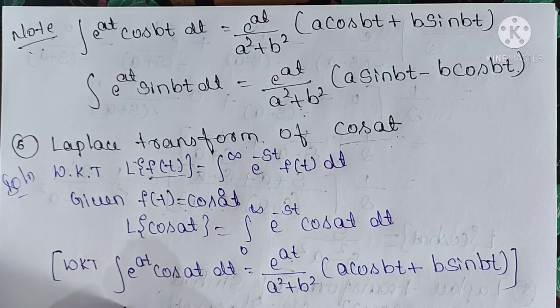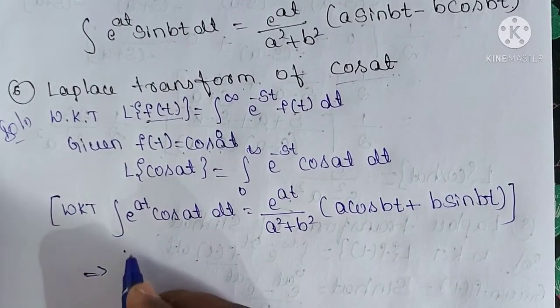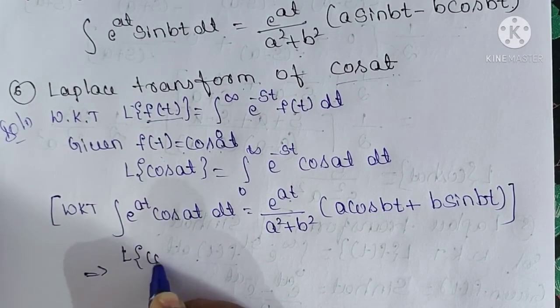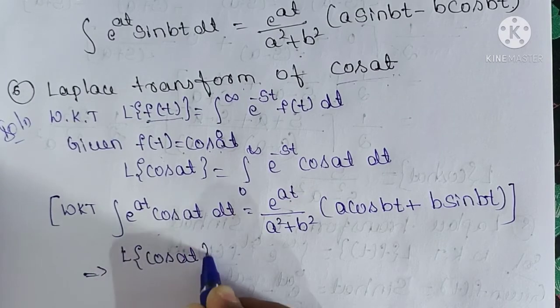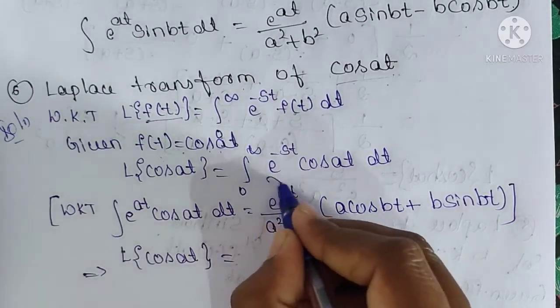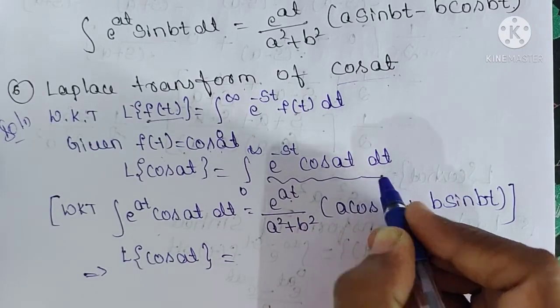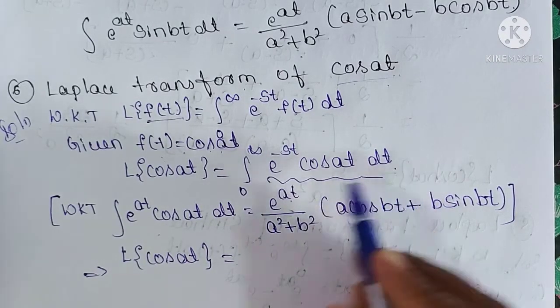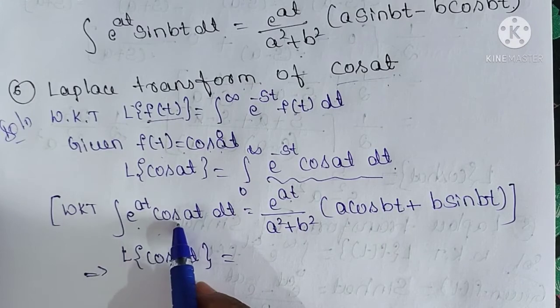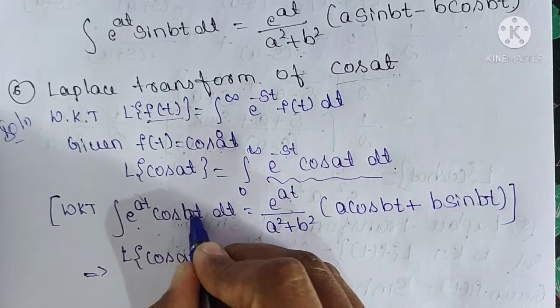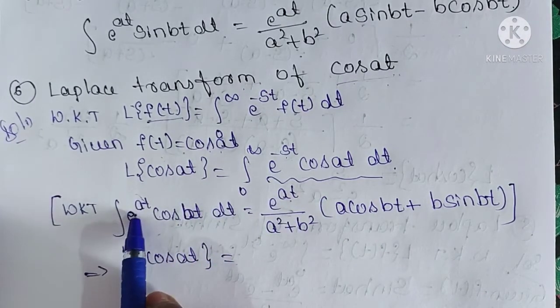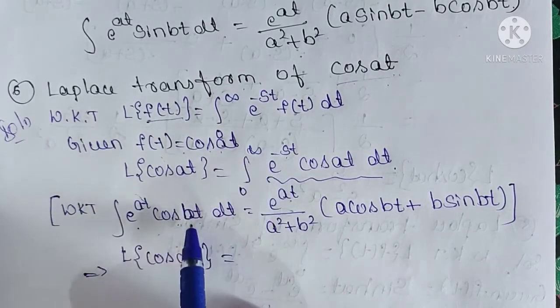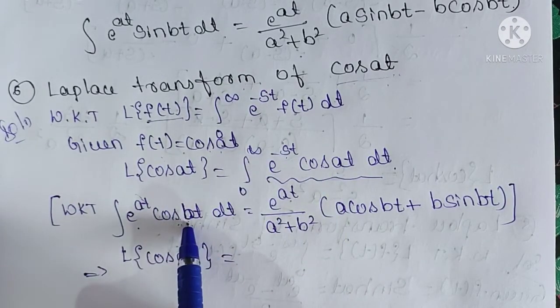Now L of cos at is equal to, see, this e to the power of minus st cos at is of the form e power at cos bt. In place of a, minus s is there. In place of b, a is there.